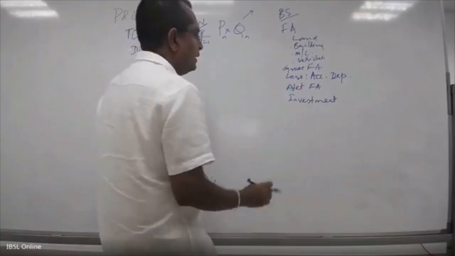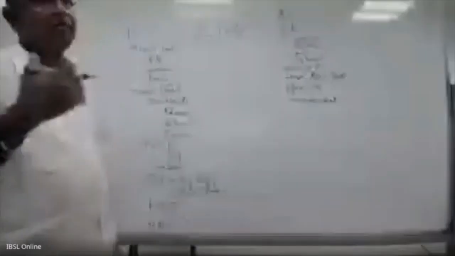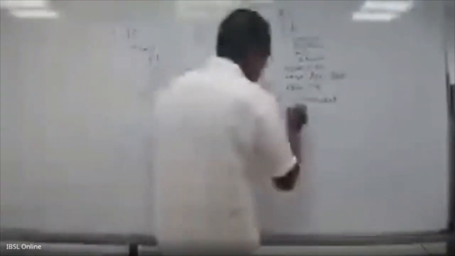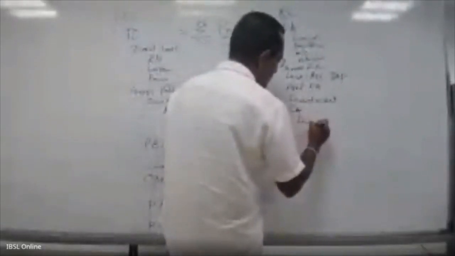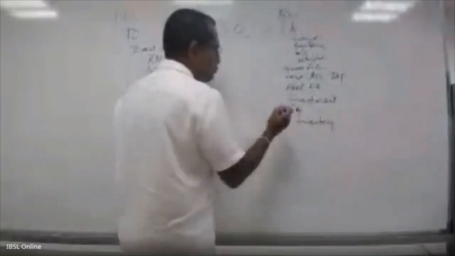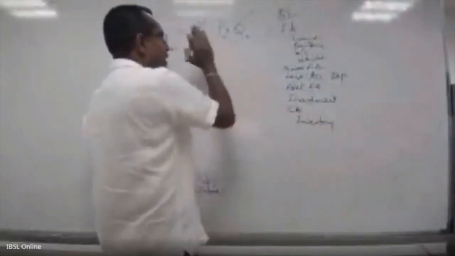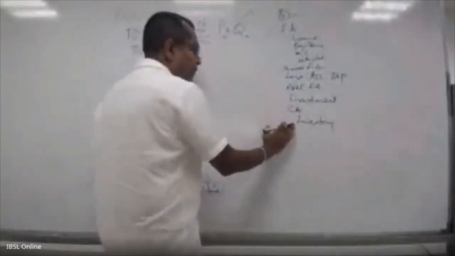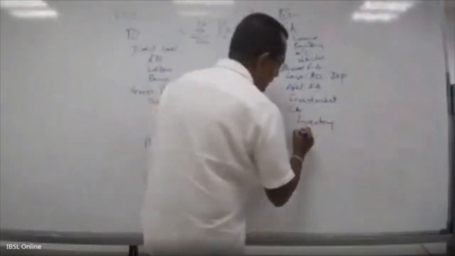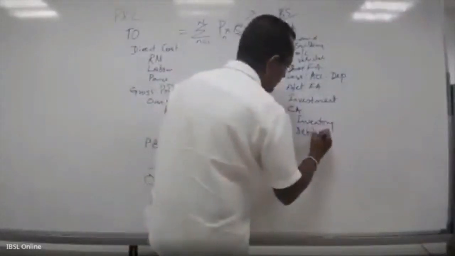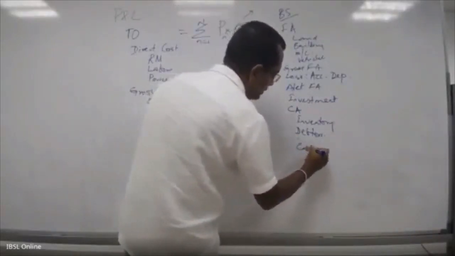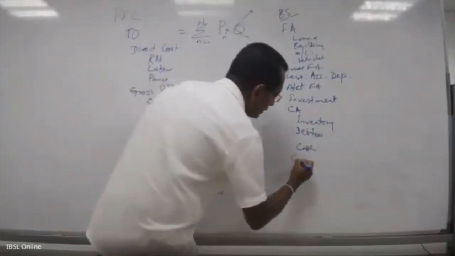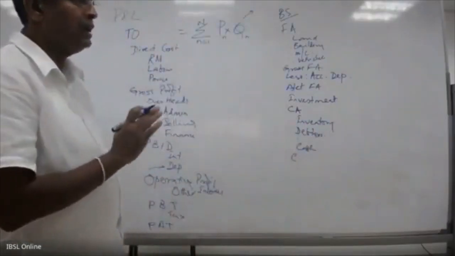That means any investments like FDs you place for more than 12 months, right? Then your current assets, mainly inventory or stocks. This has to be the trading inventory. If you are a fridge seller, the number of fridges you have. Then you have debtors, cash. We have two ways of writing a balance sheet.